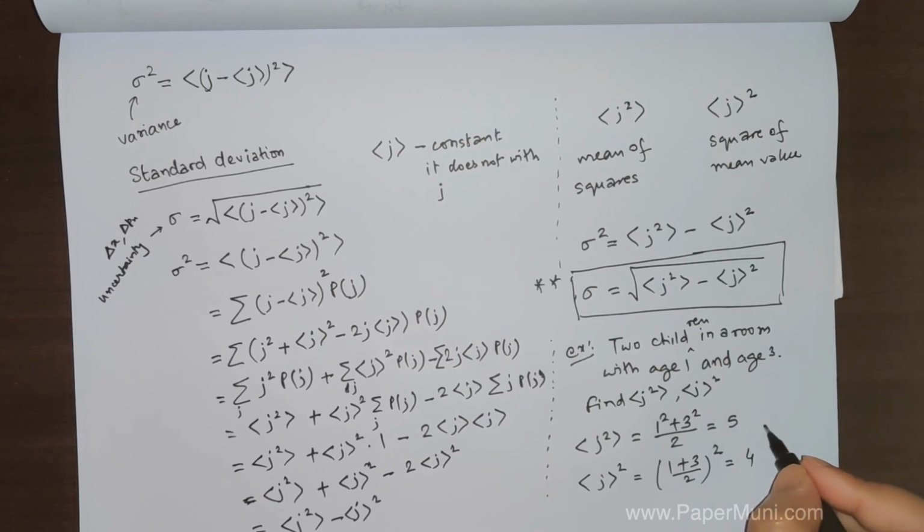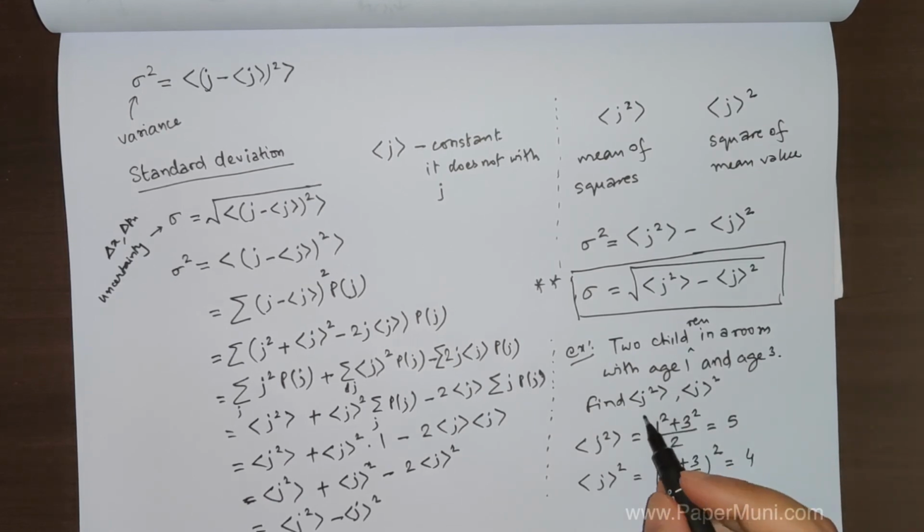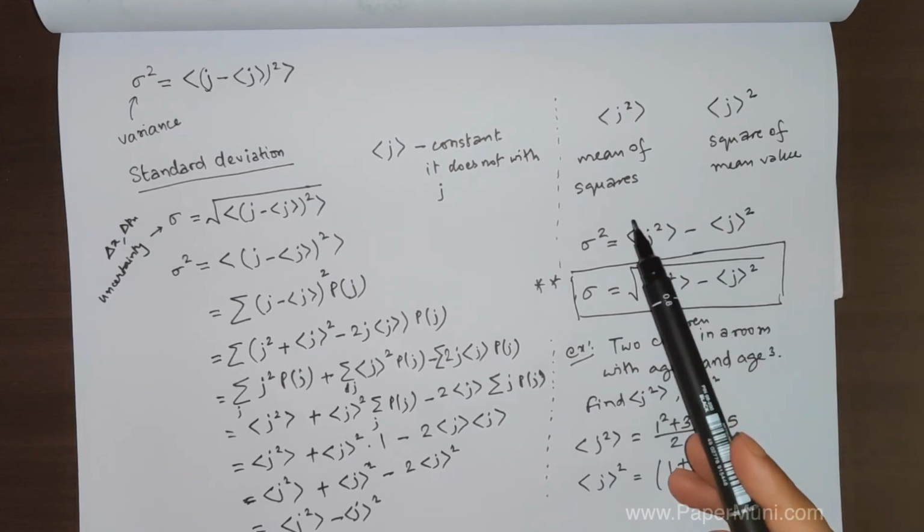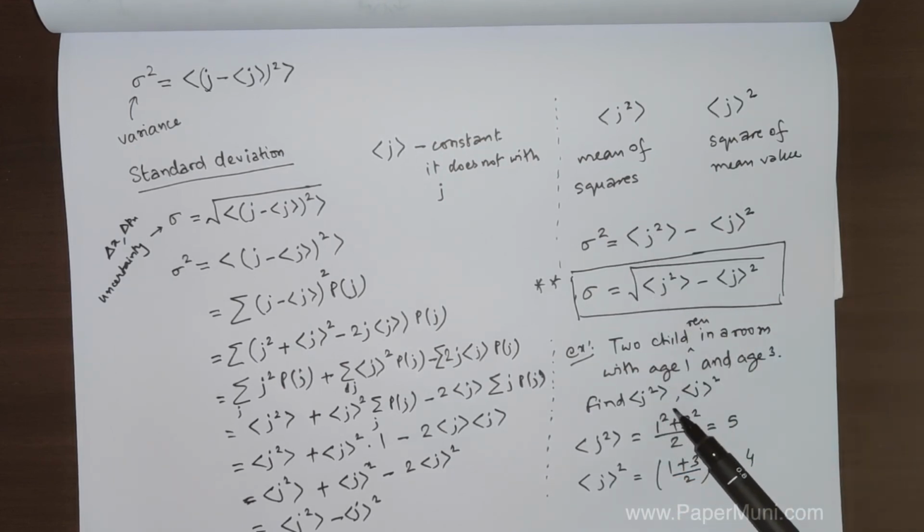See, these two are different, right? So don't get confused. These two are different quantities. One is the square of the mean value, another is the mean of the squares. So this gives you a measure of how the data is spread.